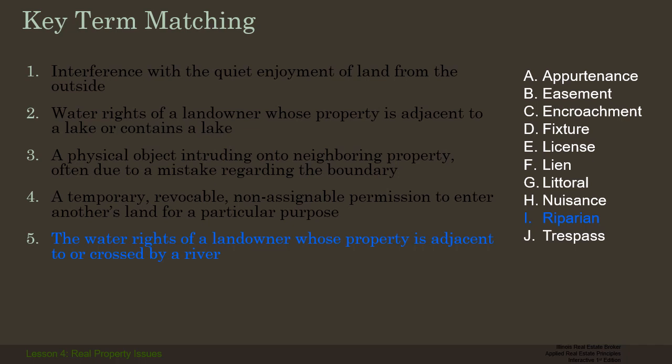So you can own it, but you can't control it. With non-navigable rivers or streams, you actually do own and control the property underneath the river or waterway. You can't stop the flow of water, but you do retain your ownership rights.